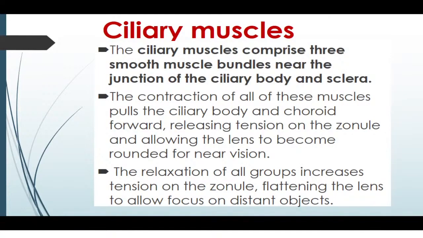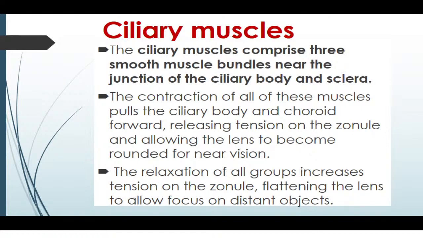Ciliary muscle. The ciliary muscle comprises three smooth muscle bundles near the junction of the ciliary body and sclera. The contraction of all these muscles pulls the ciliary body and choroid forward, releasing the tension of the zonule and allowing the lens to become rounded in near vision.